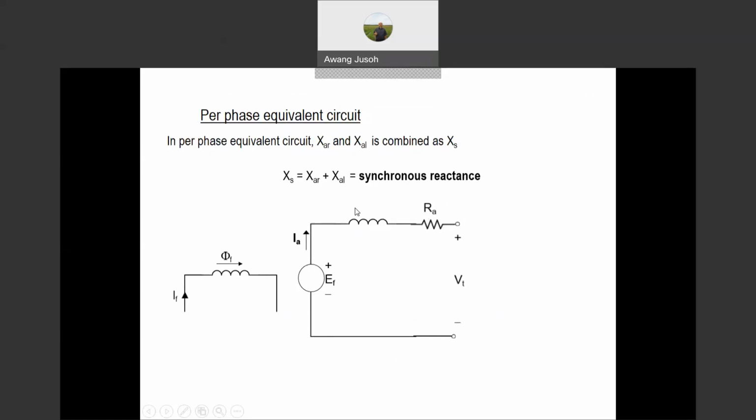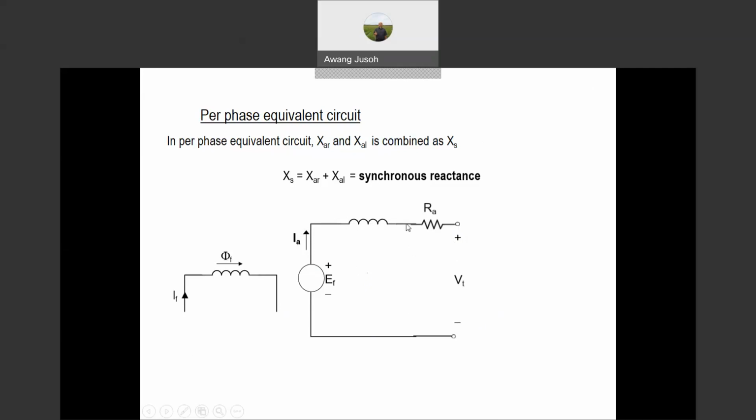So now you have everything. From the complex circuit for the machine, we just have something simple like that. We have a source, the excitation voltage, armature current, synchronous reactance jXS, and RA. Then this is your V terminal, where we connect this to the grid system. VT represents the voltage across the grid. When you connect your machine to the grid, the grid voltage is represented by the V terminal.